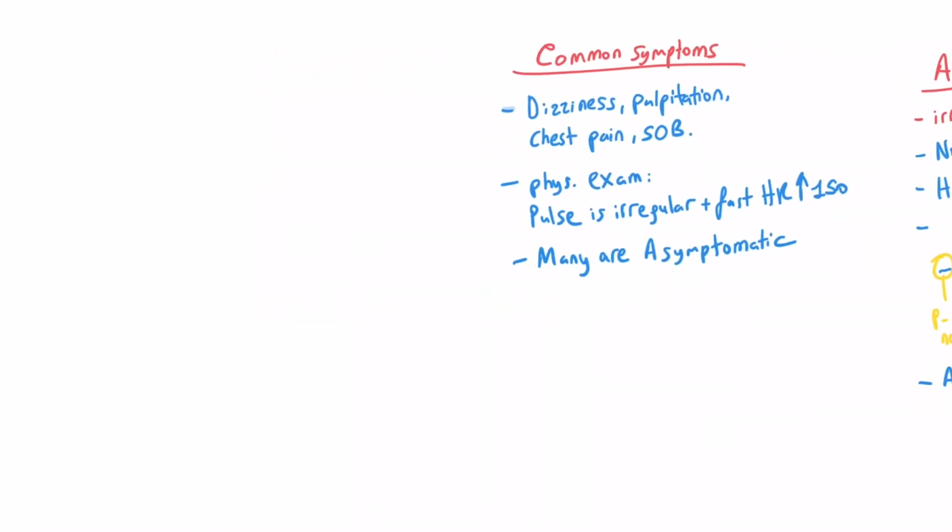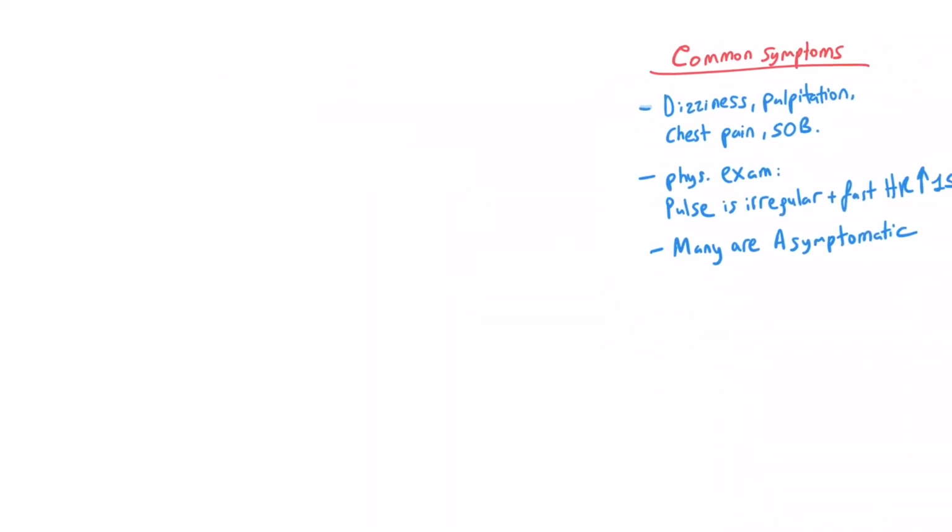This leads me to the next point I want to cover, which is the treatment. Treatment can be divided into three parts. One of them is rate control, which is basically making sure the heart rate is normal.